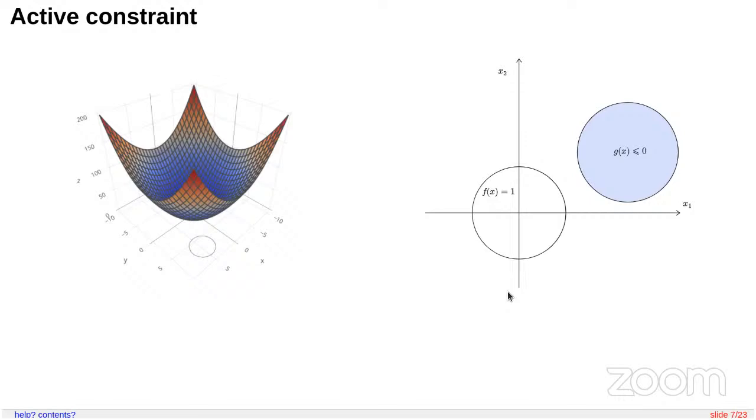I cannot reach there, but I can go as close as I can. Okay, right. Somehow I want this circle to lie inside this disk. Otherwise there is no point, because here the function's value is 1, but none of these points are feasible.